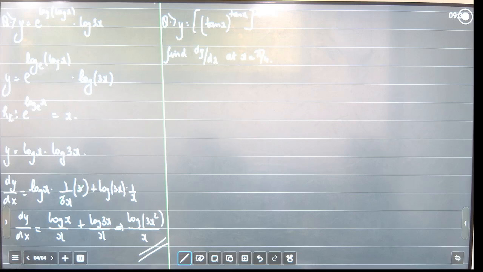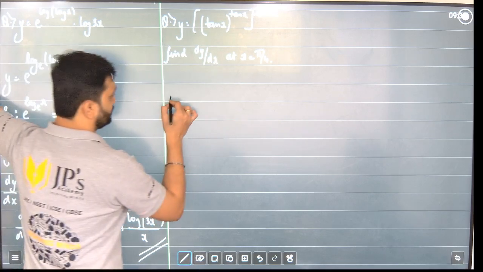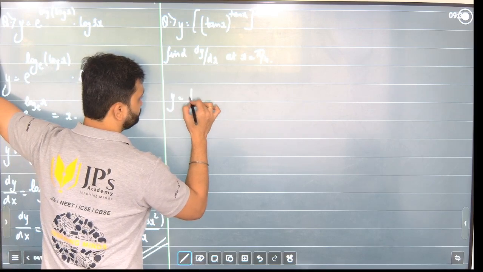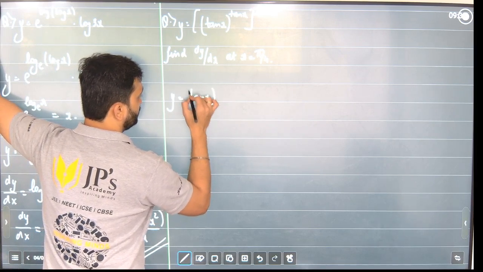Now it might look very complicated. It is not. It is not complicated. Now what you're supposed to do is, if I solve this, this will become y is equal to tan x.